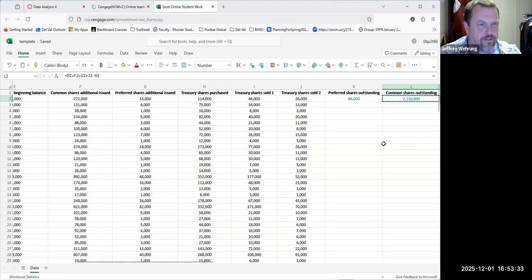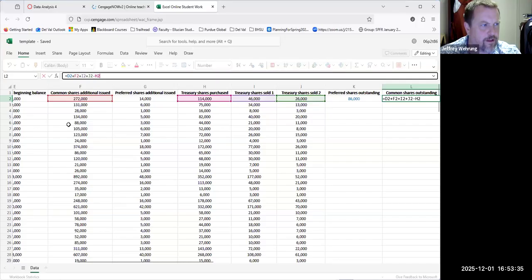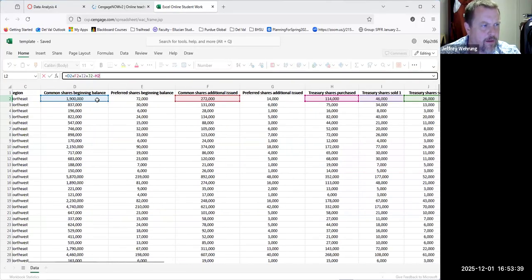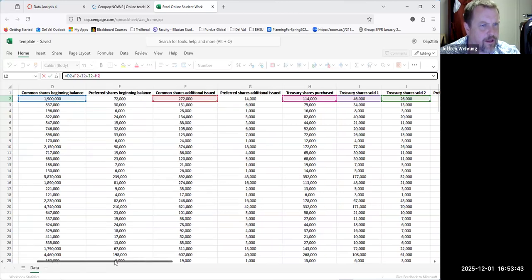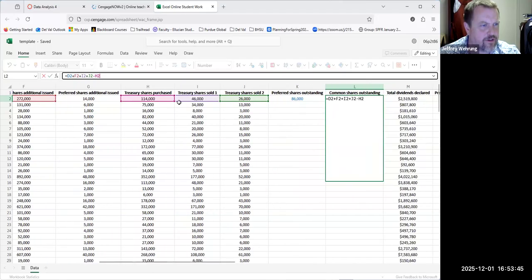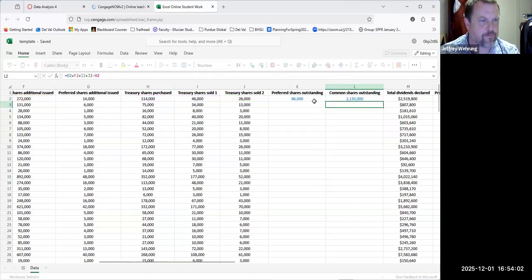If you didn't see what I did, I took the initial common stock, the common shares beginning balance, plus the additional common shares issued. But the treasury is the stock that our company bought and sold of our own stock. And so we sold these, so I added those in as if we were issuing them. And then I subtracted the ones that we purchased. So we sent these out, we brought these in. And so that's the formula I used.